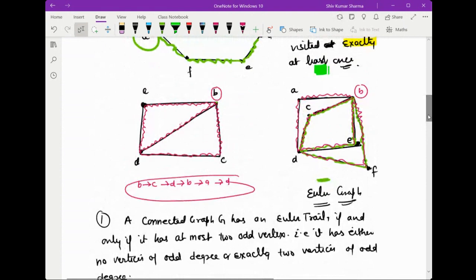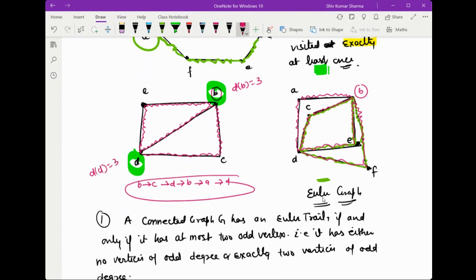We see that these two examples will satisfy point 3 and point 4. In the first, vertex B and vertex D are odd degree vertices. The degree of vertex B is 3 and the degree of vertex D is 3.